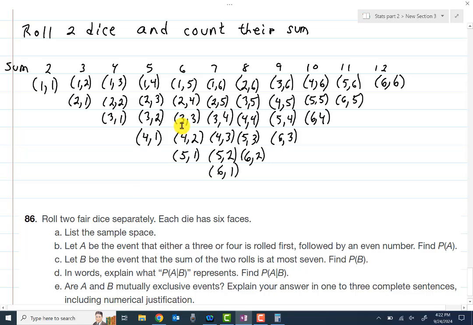That should make sense to you because there's 6 possibilities for the first die and 6 possibilities for the second die. You do 6 times 6 equals 36. That's why there's 36 possibilities. So when you list the sample space, this whole thing is the sample space. So I guess I can go S is equal to all that stuff.